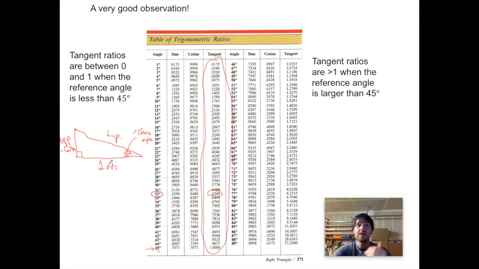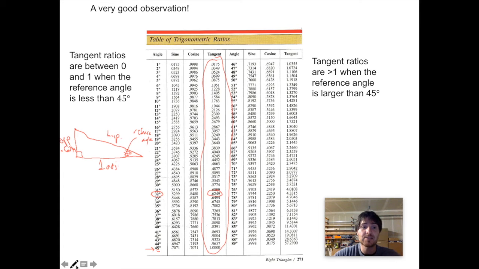If my adjacent side is length 2, then the opposite is twice that, about 1.25 or so. So anything less than 45 degrees, the opposite side is going to be shorter than the adjacent side. Your tangent ratio is less than 1, greater than 0, okay?